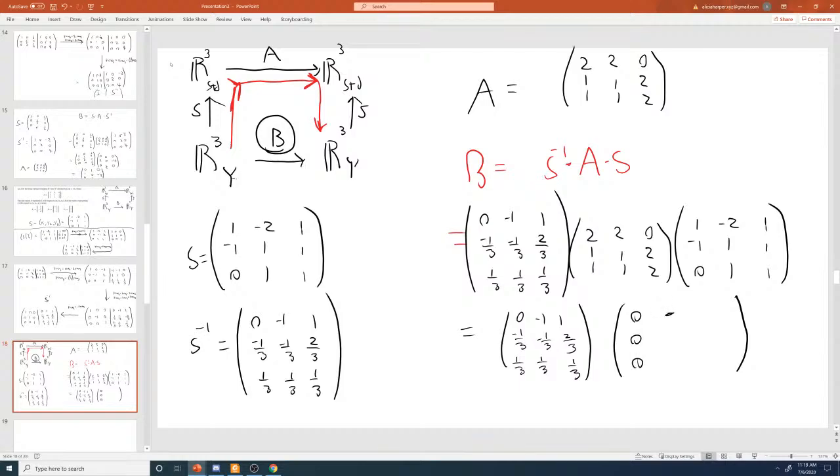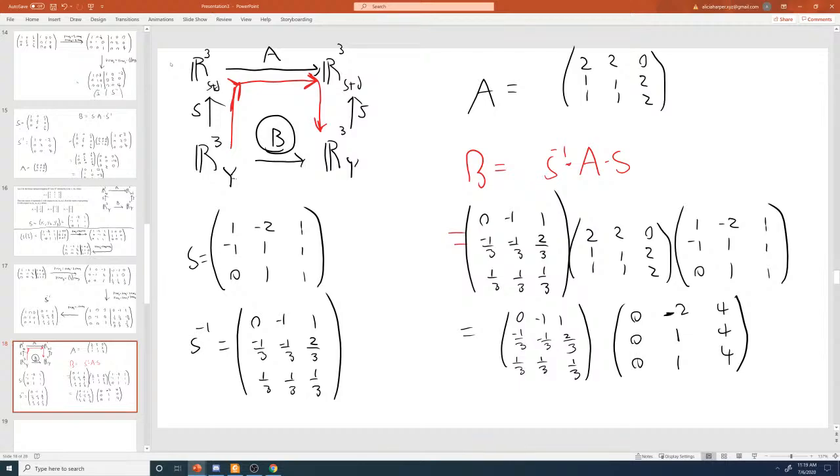I get -2. And then here I'm going to get 1. Here I'm going to get 1. And then here I get 4. Here I get 4. And here I get 4.